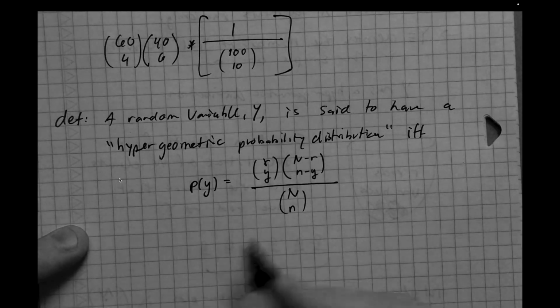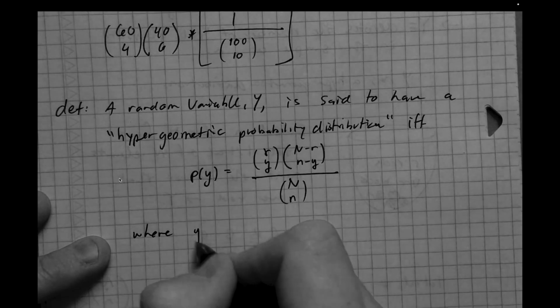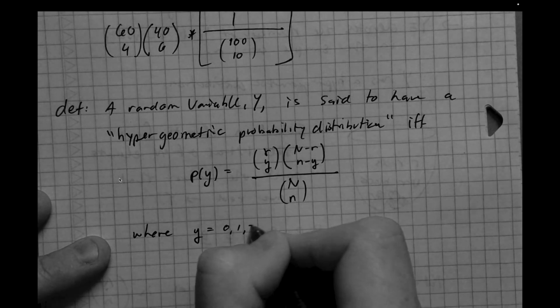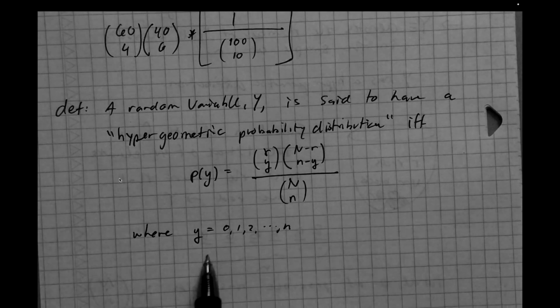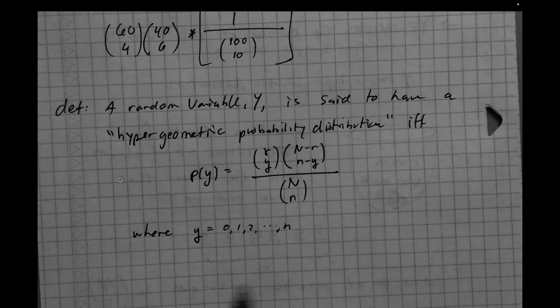We'll have to say here that Y will have to be between 0 and n naturally: 0, 1, 2, up to n. You can't have more successes than you have samples. So if I sample 10, I can't have more than 10 successes, obviously.